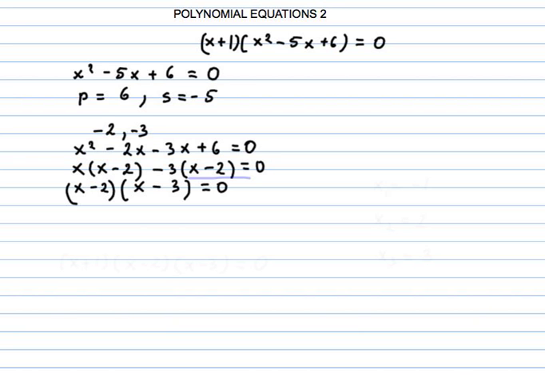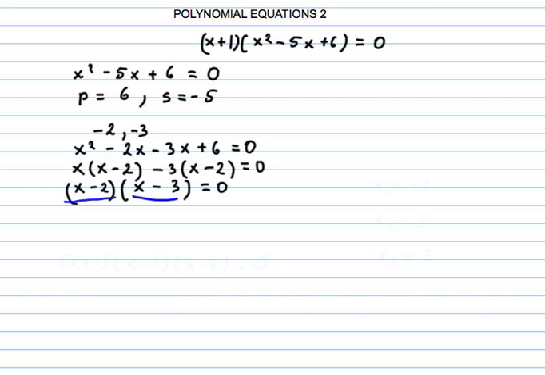And look at that. x minus 2 and x minus 2, same factor. So this becomes a common factor. Take it out. x minus 2 goes out, x minus 3 goes in. And you further solve that.